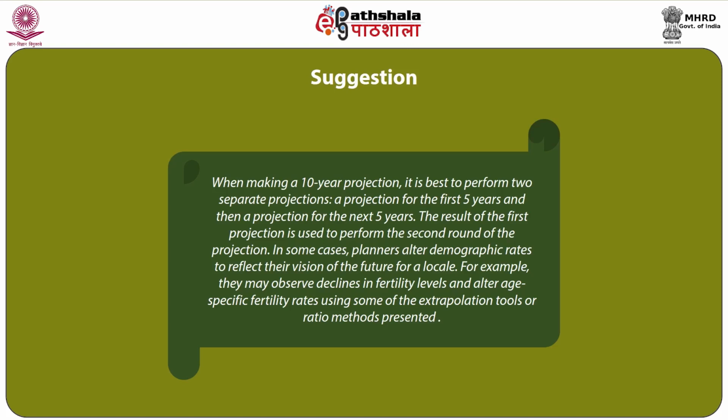In some cases, planners alter demographic rates to reflect their vision of the future for a locale. For example, they may observe declines in fertility levels and alter age-specific fertility rates by using some of the extrapolation tools or ratio methods as presented here.